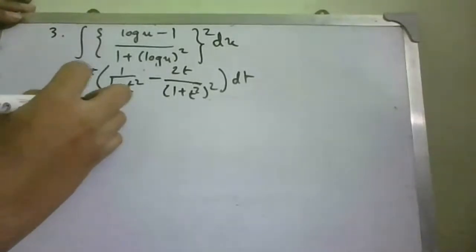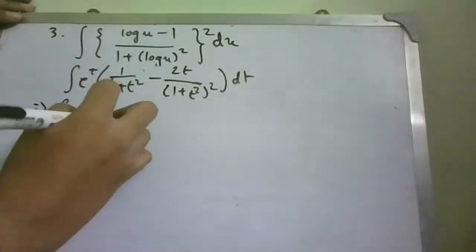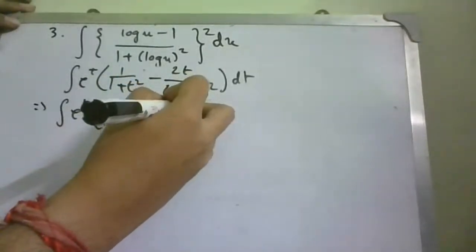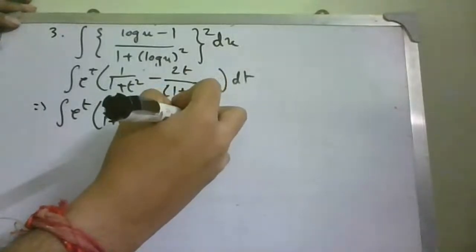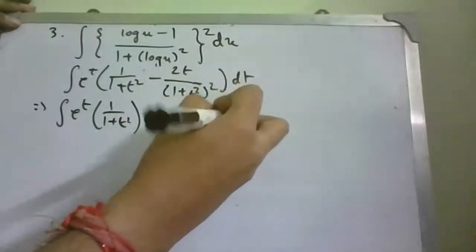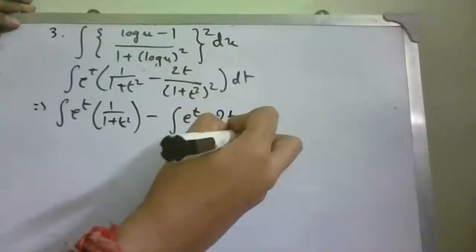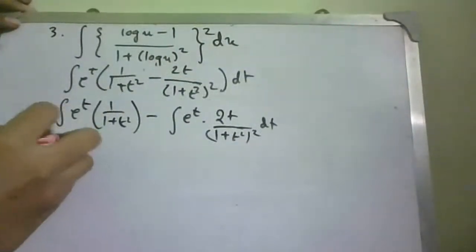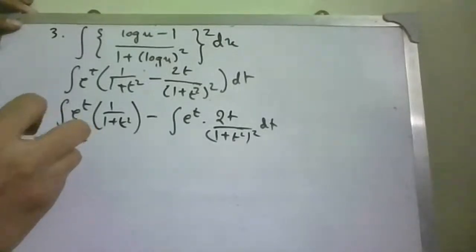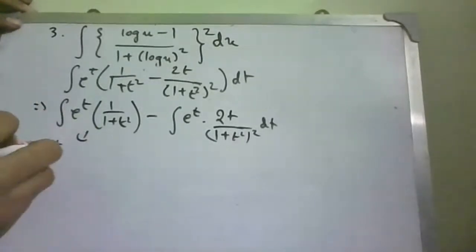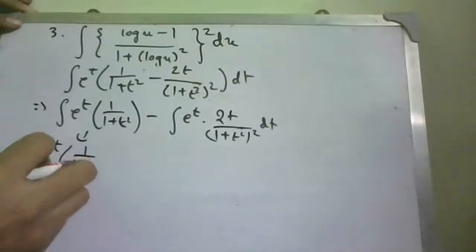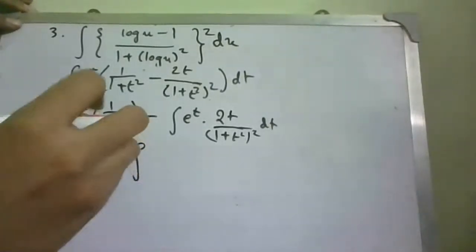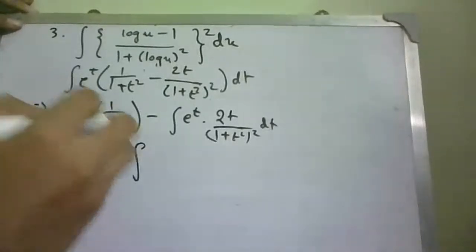Integral e to the power t times 1 over 1 plus t squared minus integral e to the power t times 2t over 1 plus t squared dt. E to the power t is the first function. This is basically the first function minus integral differentiation of this.